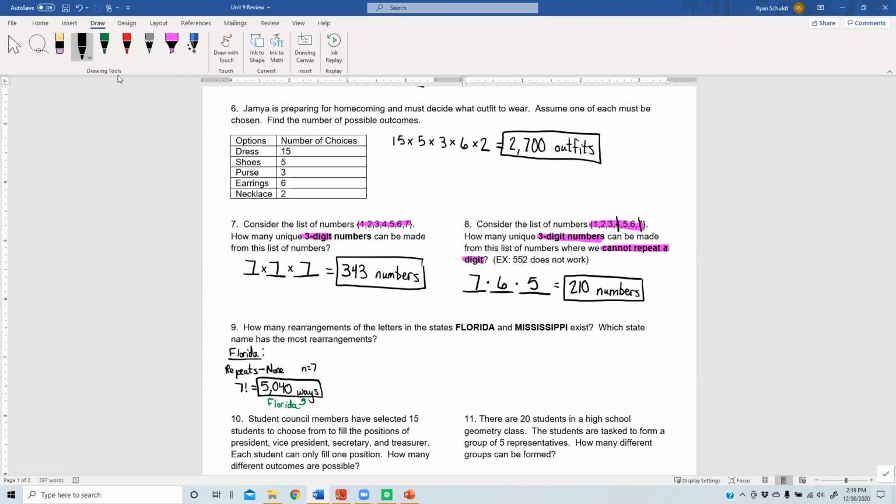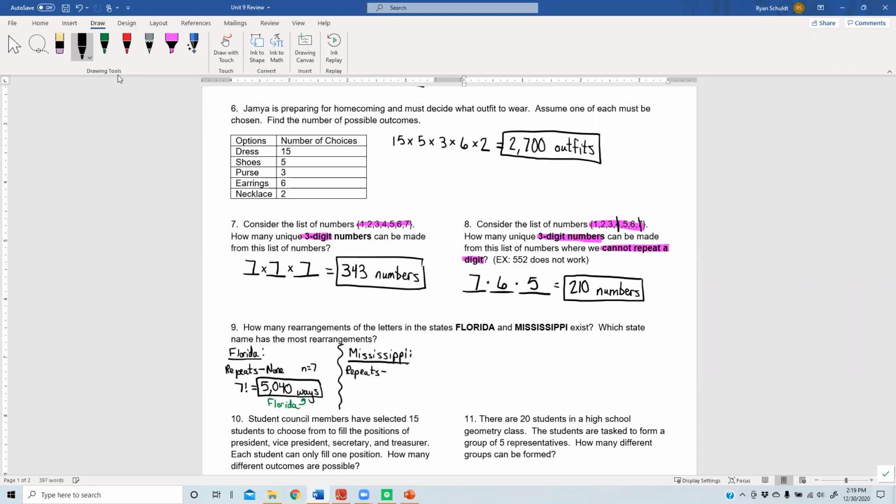Now, we've done that one. Let's turn our attention to Mississippi. Okay. So let's see, do I have any repeats? That's the first thing I want to look for.